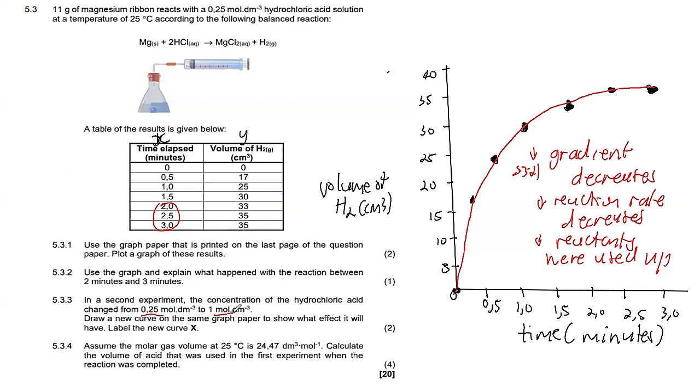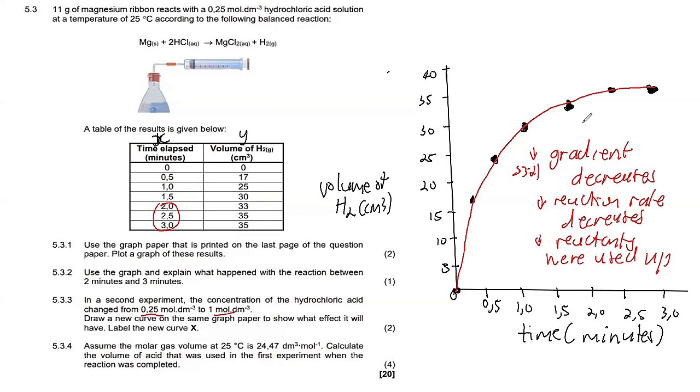How are we going to show that in terms of our graph? Obviously, if the reaction rate is increasing, that means the gradient is increasing. So we are expecting to draw a steeper graph. And then number two, we are also expecting this reaction to come to completion faster, right?